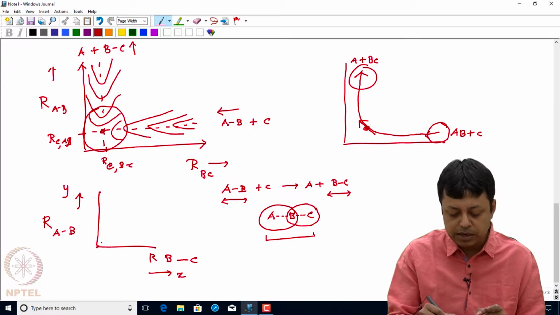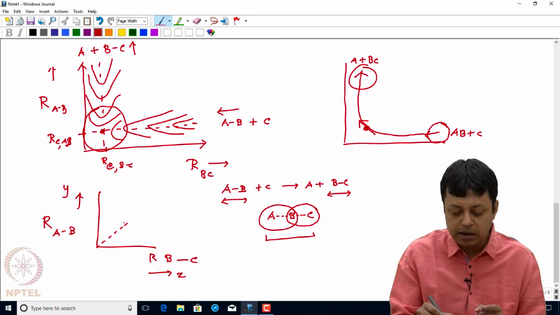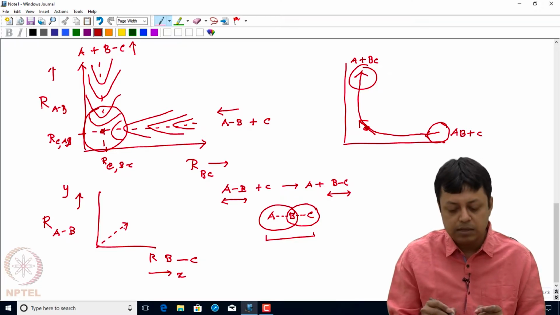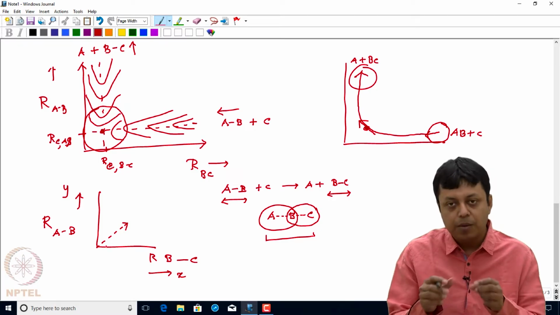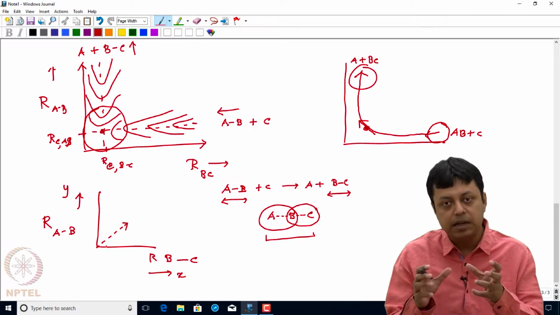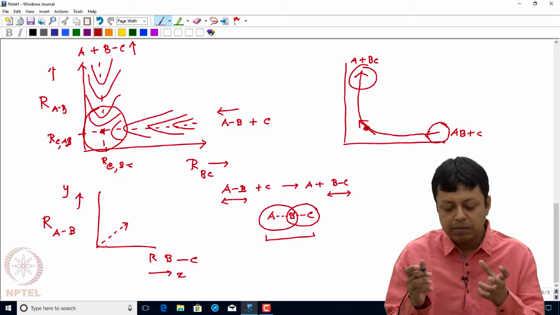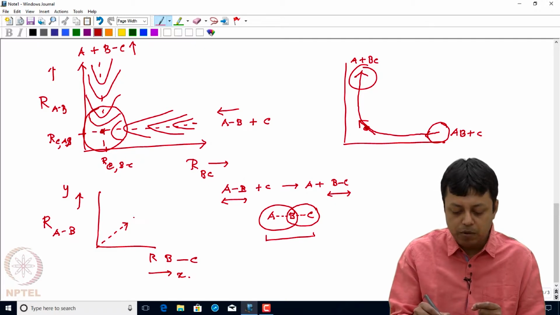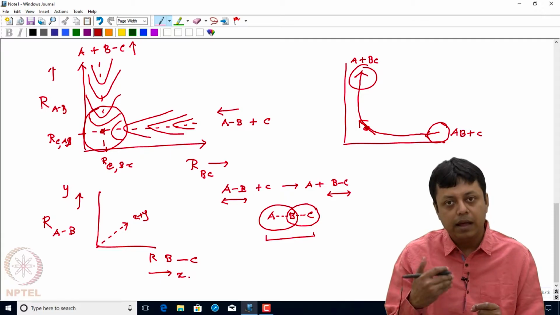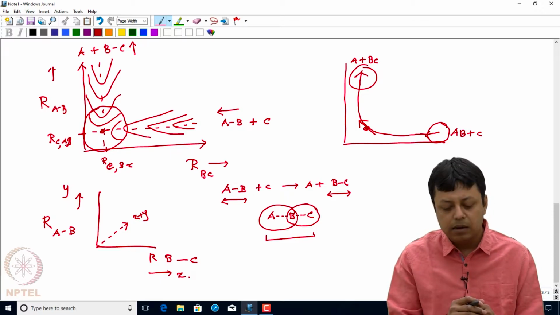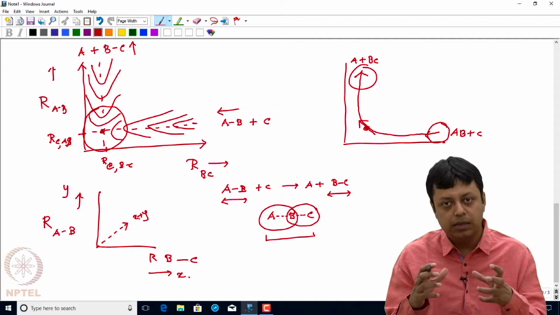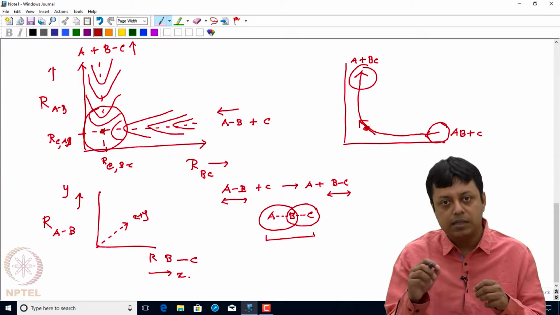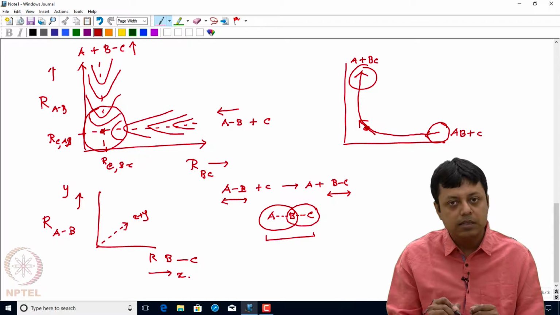Along the transition state, I am saying that it is neither the X nor the Y vibration, but rather a vibration along this direction. If I move along this, both the AB and BC are stretching to the same extent. It is like you had a coordinate system X and Y, and I am converting it into a new coordinate system where I have X plus Y, where both X and Y are simultaneously varying. So this is nothing but the symmetric stretch.